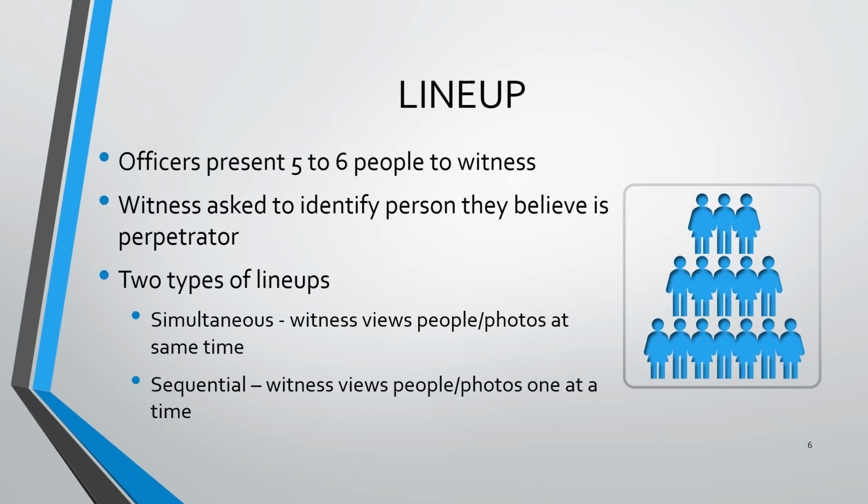During sequential lineups, a witness must decide about each lineup member before moving on to the next, which is referred to as the use of absolute judgment. That is, the witness compares each person to their memory of what the offender looked like, not comparing each person or photo to the other persons or photos.